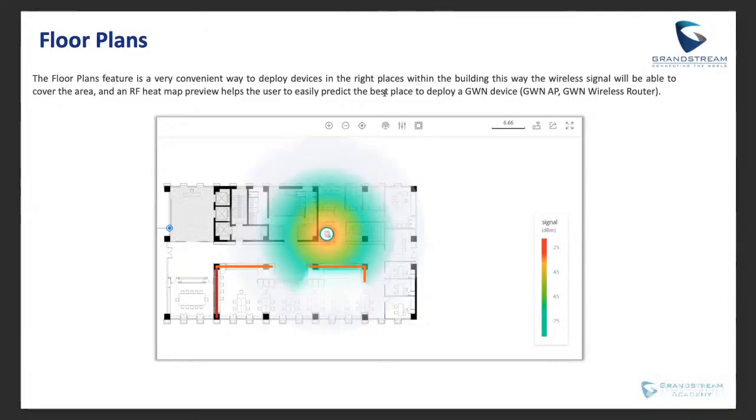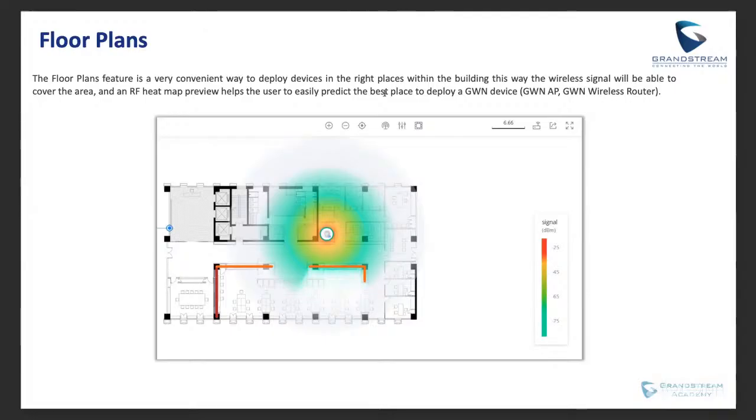So when you're quoting your client, it looks very professional to come with a floor plan and show him, okay, this is the signal in 2.4 and 5 gigahertz, and you only need this amount of access points. This is going to work best for you. It looks very honest to tell the client that maybe you quoted him 10 devices, but maybe he only needs half of that.